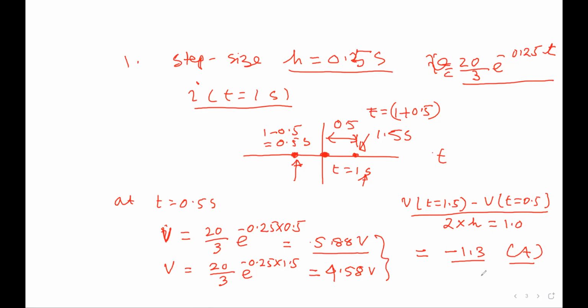Now you verify to what extent it is closer to your actual value. Your actual value of current will be dVc by dt, which is equal to minus 20 by 3 into 0.25, at t equal to 1 second, e to the power minus 0.25, isn't it? Yes, sir.